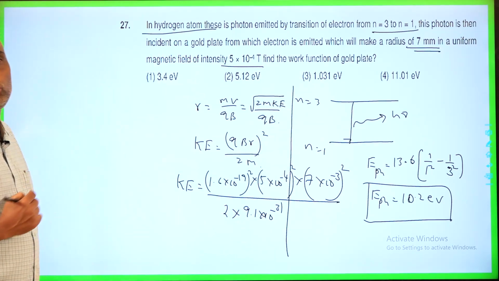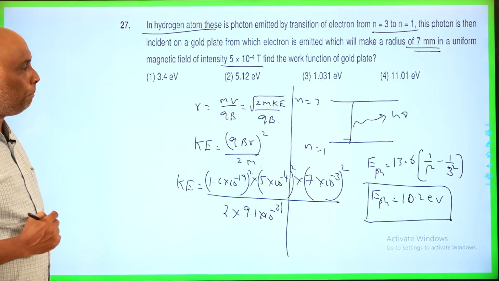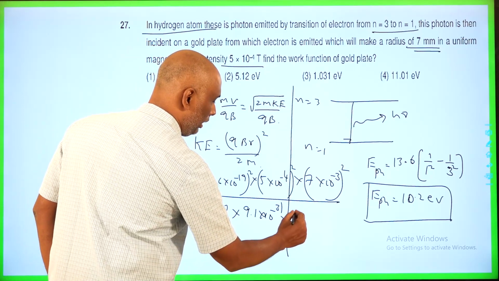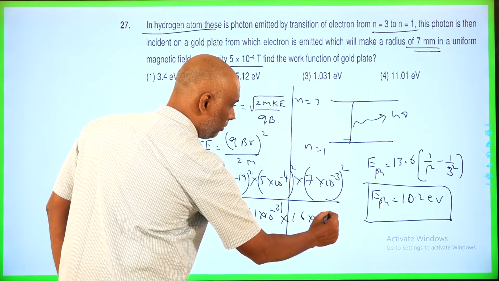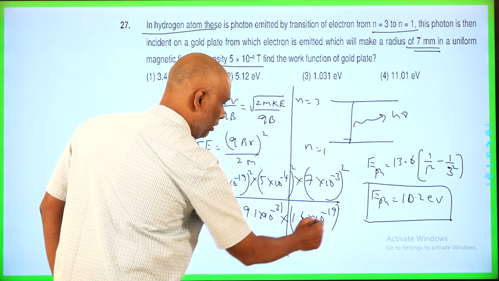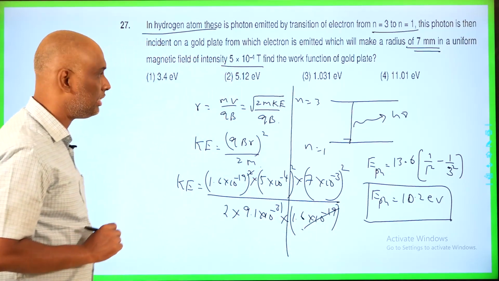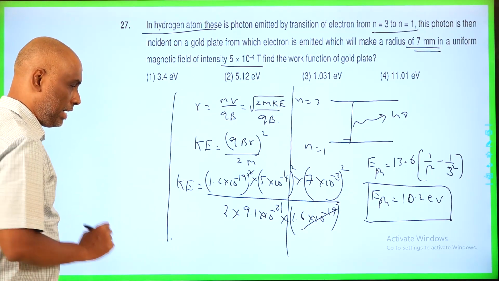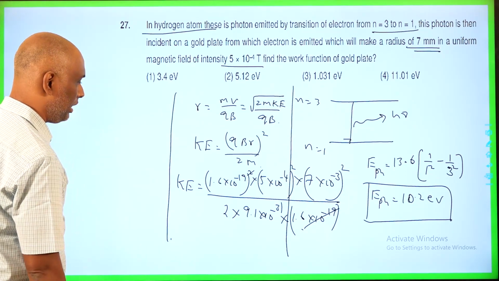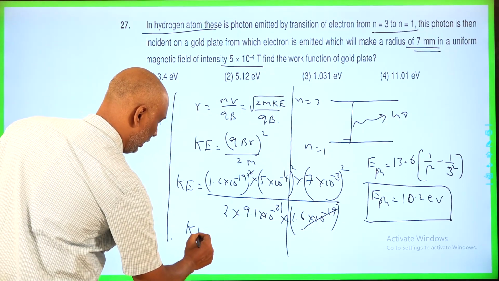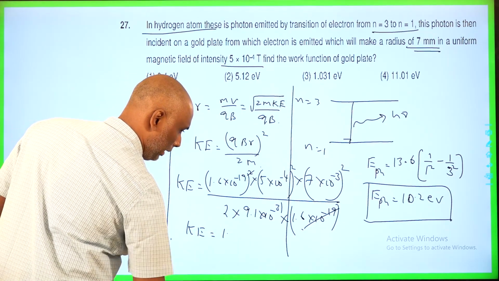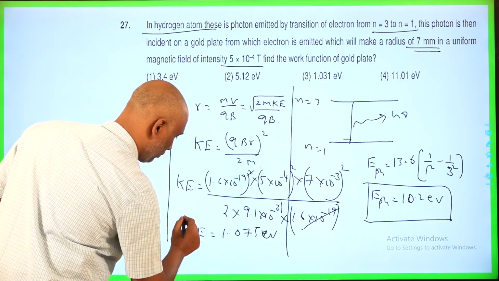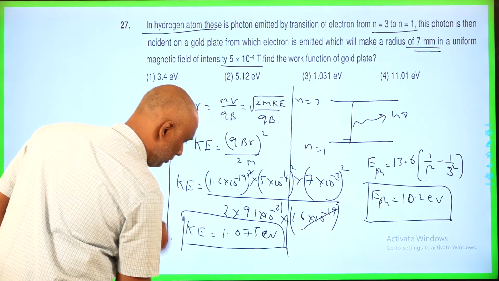This you get in joule. Because the energy of the photon we got in electron volt, to convert into electron volt divide by 1.6 into 10 to the power of minus 19, which gets cancelled. So the kinetic energy is around 1.075 electron volt.